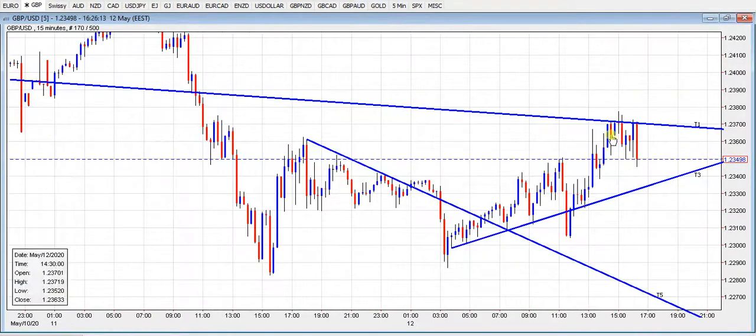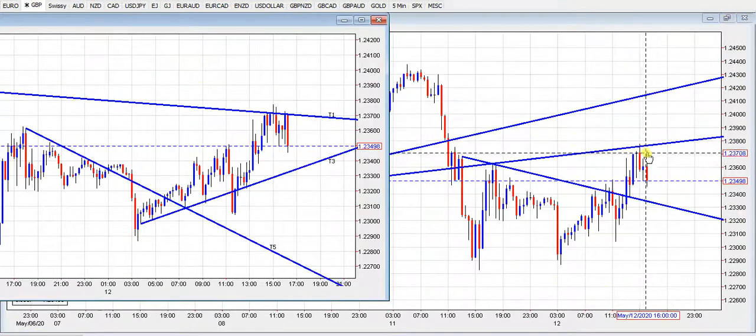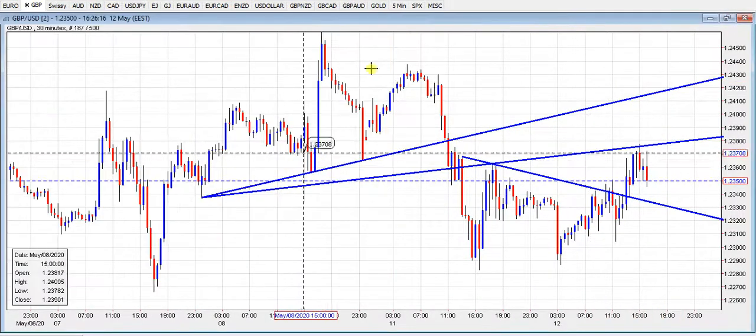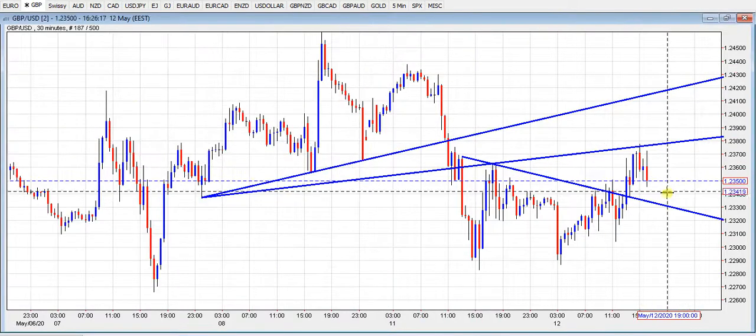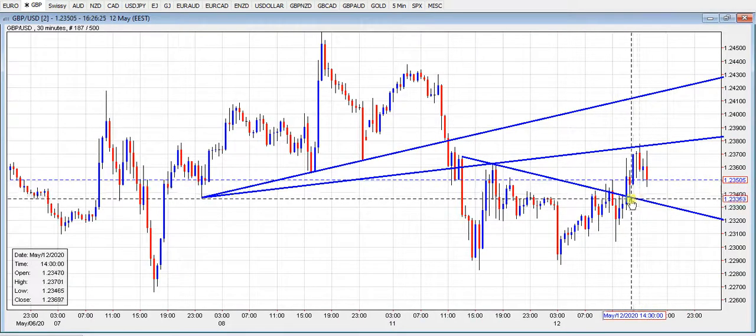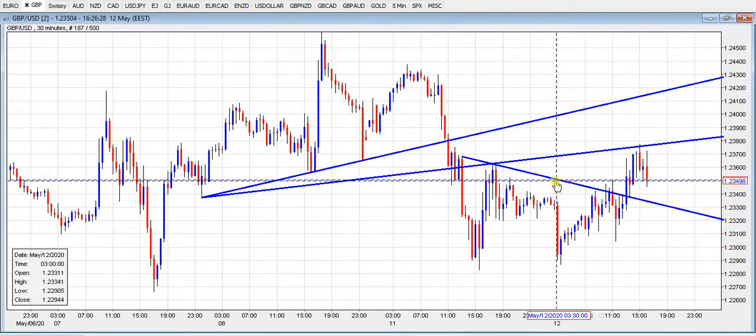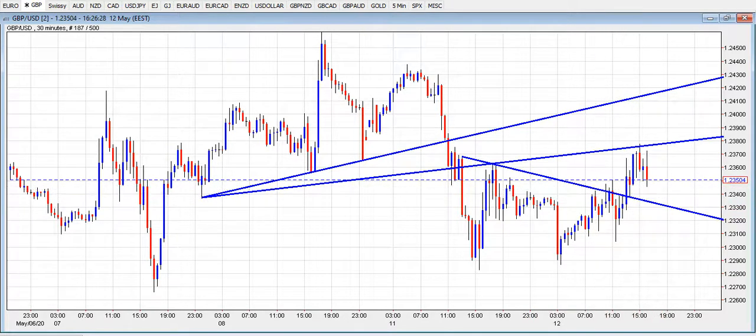That was a good resistance that came into play. That was a resistance on the 30. This is the 15-minute layout. This is the 30-minute layout. It's a bit rough, but the point maintained here is that this is the breakout point.